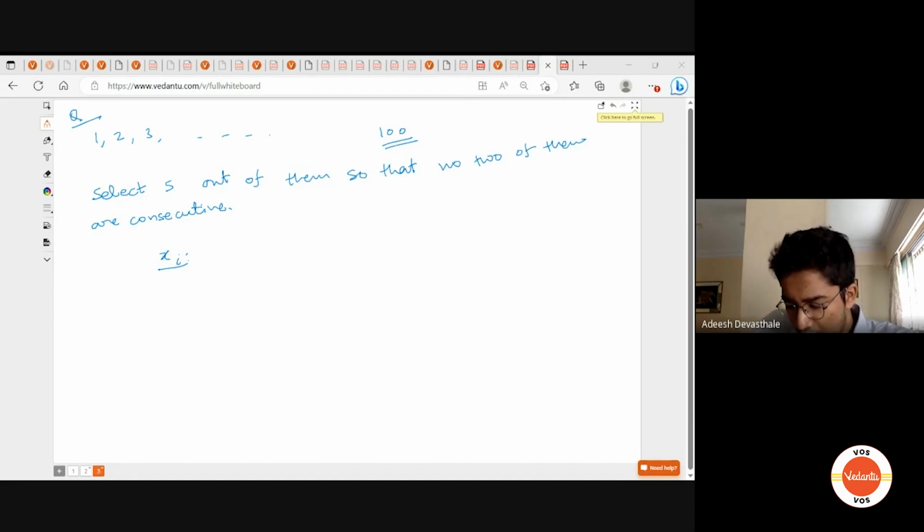So I will have x1 star plus x2 star plus so forth plus x6 star equal to 99, such that all of the xi star are greater than or equal to 0. And now I'll just use the formula for the non-negative solutions of the equation to get the desired answer.